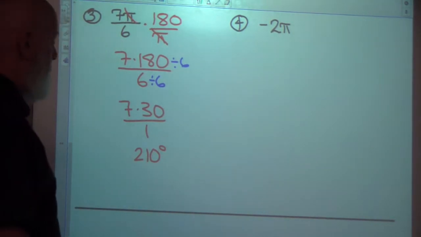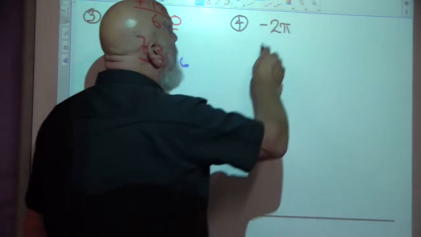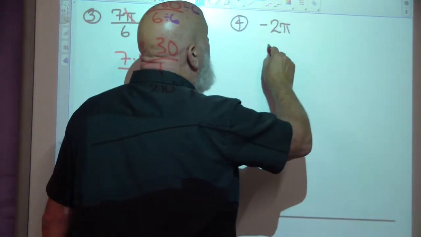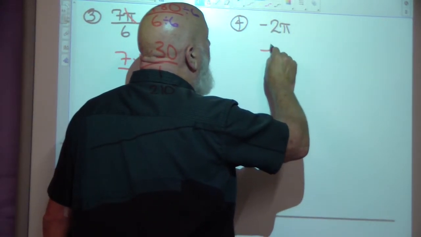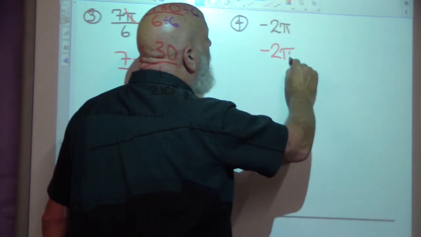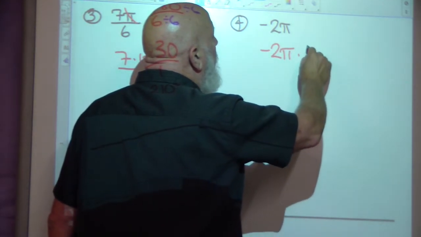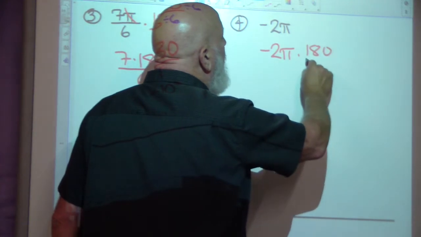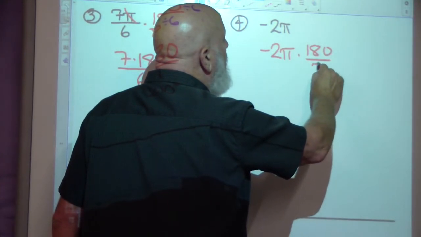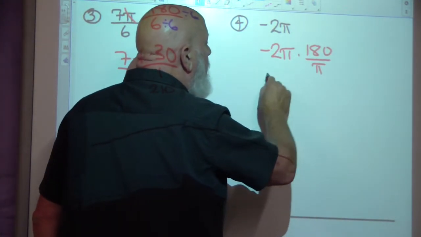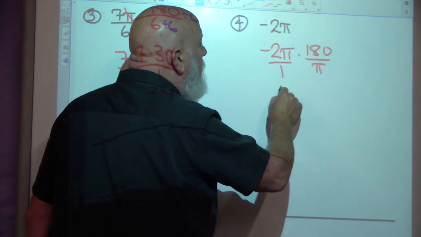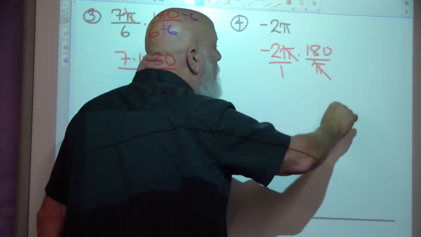Negative 2 pi. Going to convert it to degrees. So I'm going to multiply that times 180 over pi. I can think of this as being over 1. So these pi's will cancel.